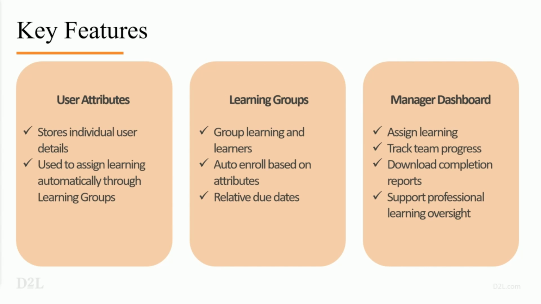As new users are added, they're enrolled based on matching attributes. And the Manager Dashboard allows managers to assign learning, track team progress, and download completion reports. It also provides visibility into organizational hierarchy to support professional learning oversight.